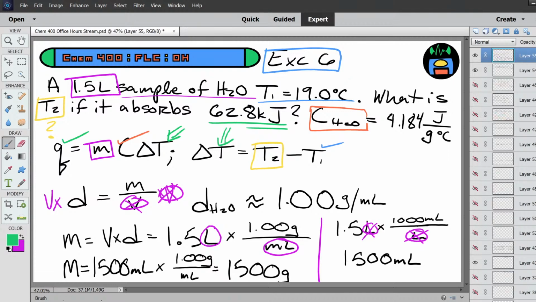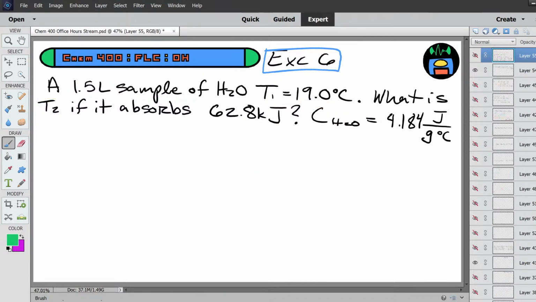My sig figs are fine because I'm limited to 2 based on this initial volume. So now we have our mass. We can solve for our delta T, and then we can use our delta T to solve for our final temperature. So first we use, oops.